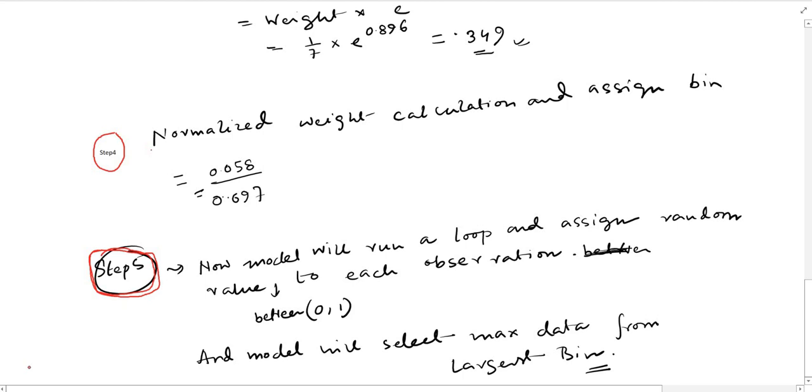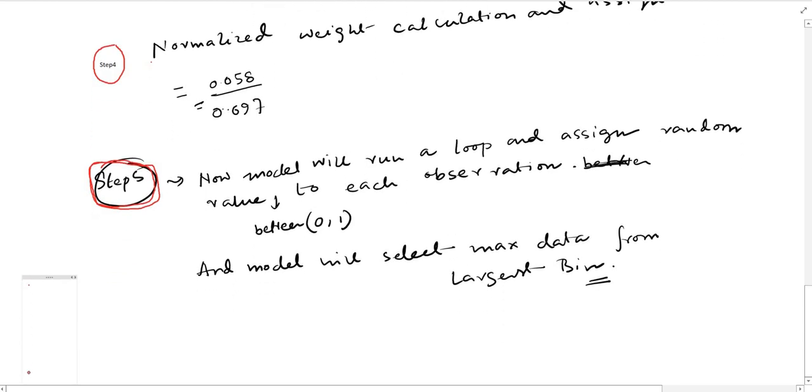Now I'll show one more thing, that is how the final prediction actually happens. Let's understand that also, because that's a critical part. I'll not go with the red, because it will be difficult later. All steps are done, so the model is ready.